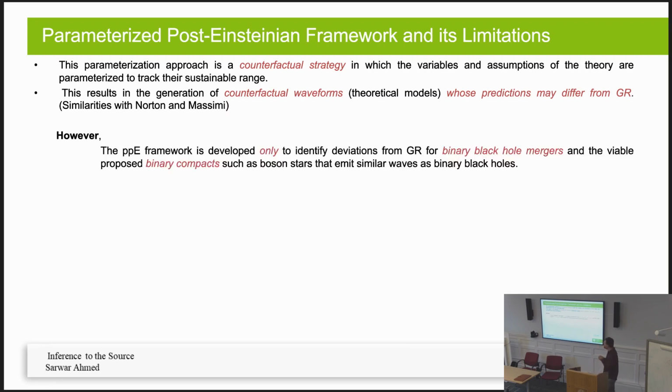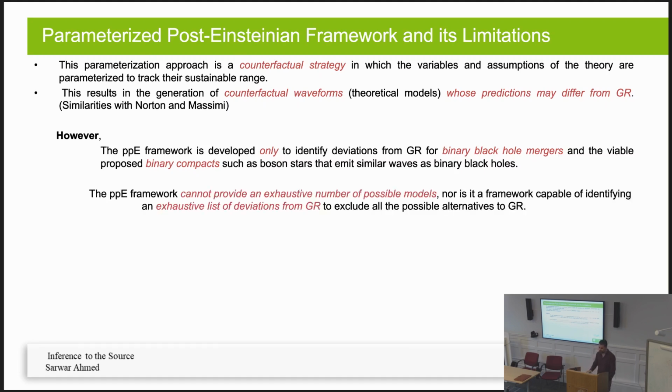However, the PPE framework is only developed to identify deviations from GR for the binary black hole mergers, and also the viable proposed binary compacts, such as boson stars that mimic black holes. And the framework cannot provide an exhaustive number of possible models, nor is it capable of identifying an exhaustive list of deviations from GR to exclude all alternatives.